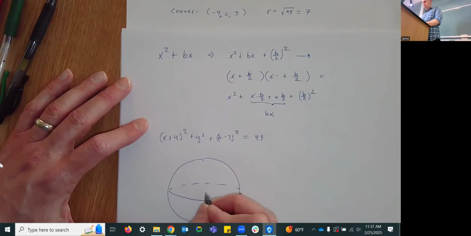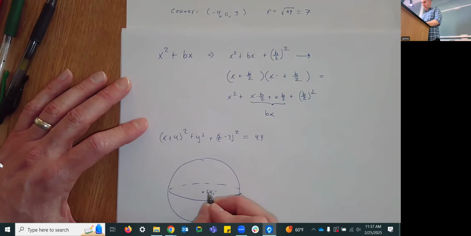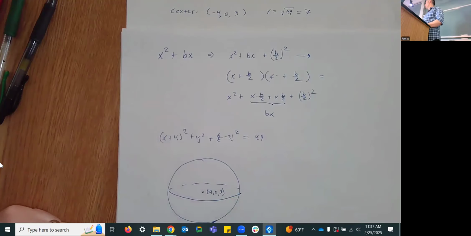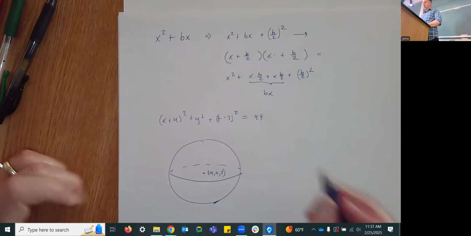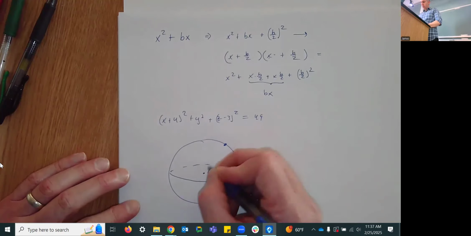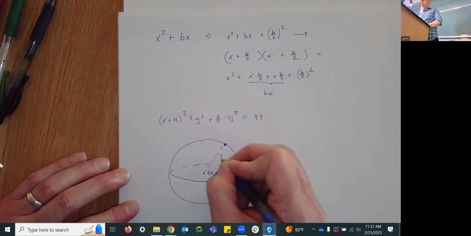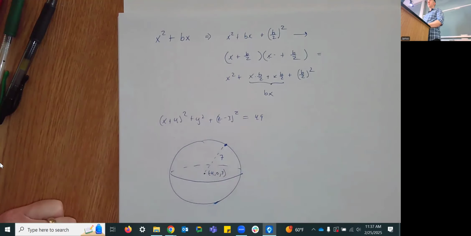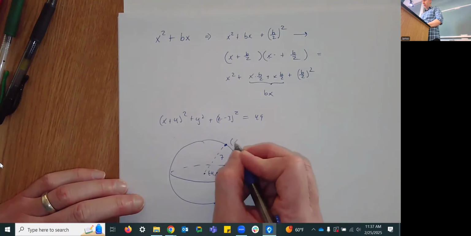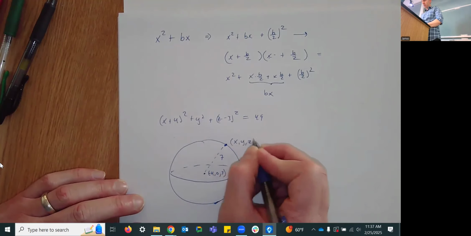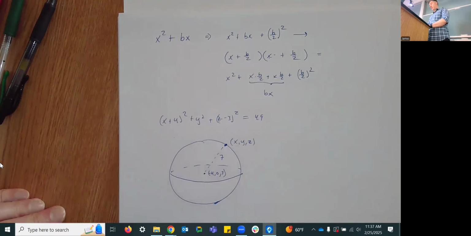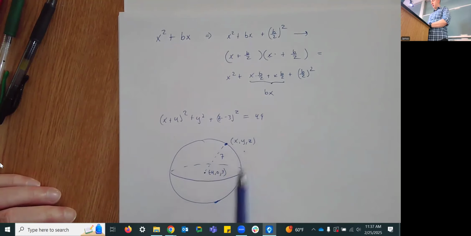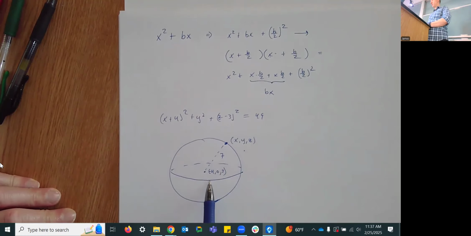The center was negative 4, 0, 3. And any point on the sphere is a distance of 7 away. I'm going to call that point x, y, z. So the distance between x, y, z and negative 4, 0, 3 is 7.